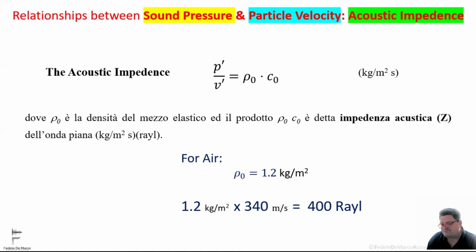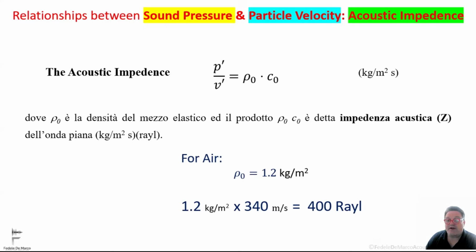The unit of air impedance is rayl. Air impedance value is something like 400 rayl because we multiply 1.2 kilogram per cubic meter and the velocity of sound in normal conditions, that is 340 meters per second.